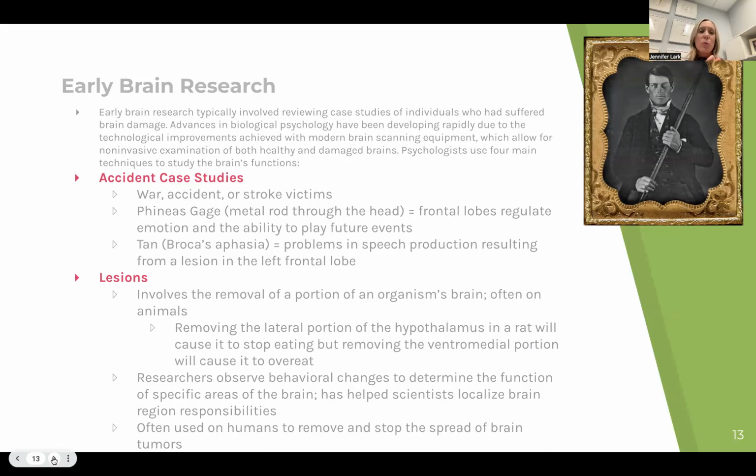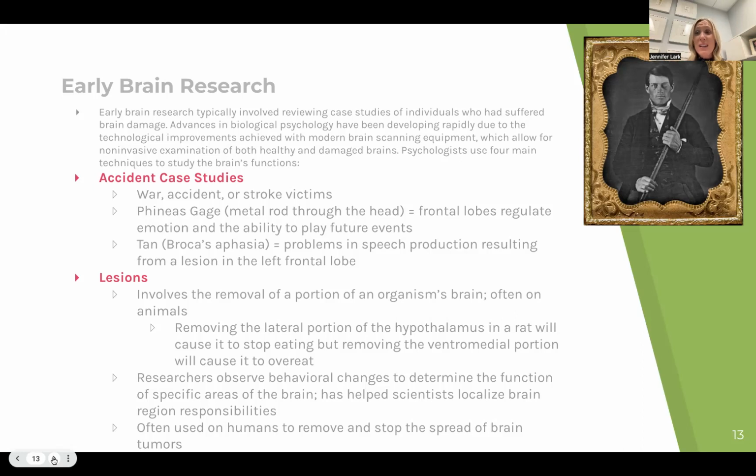So the first one is accidents, and doing case studies of people who have undergone serious accidents or unfortunate events. We talked briefly about Phineas Gage in that first chapter that we looked at together.